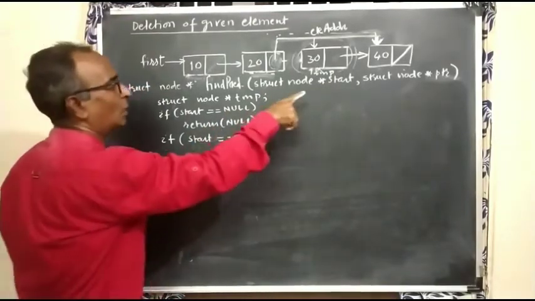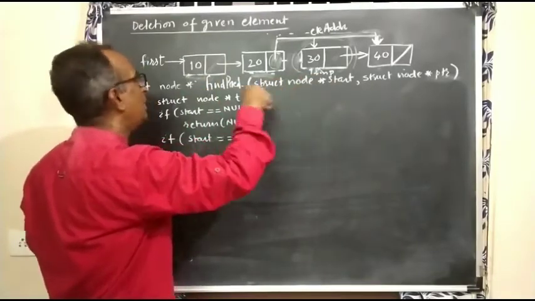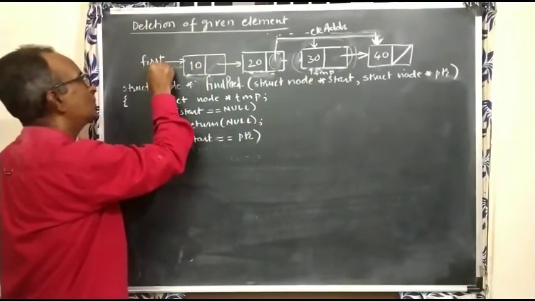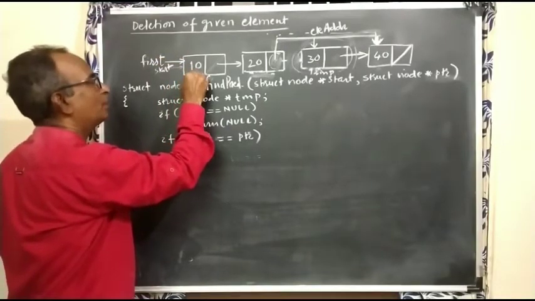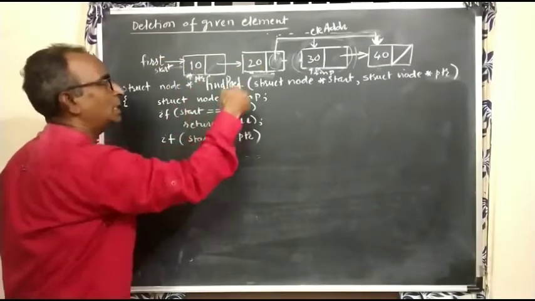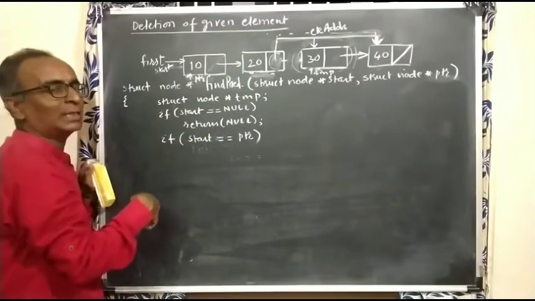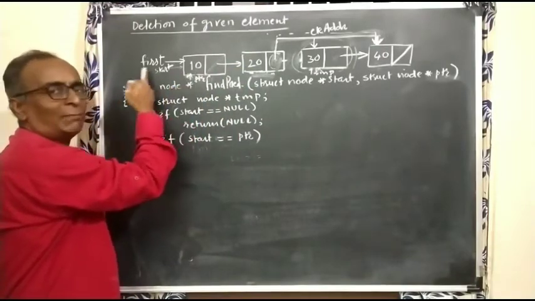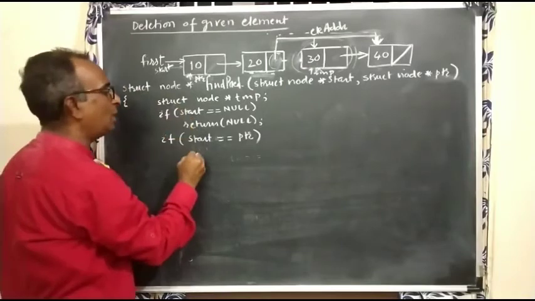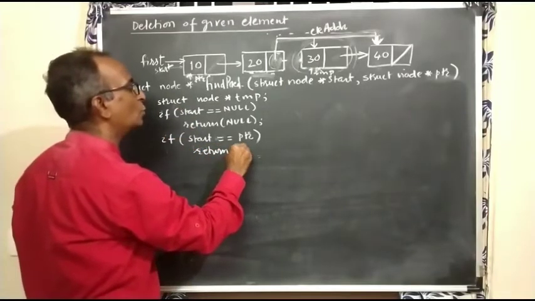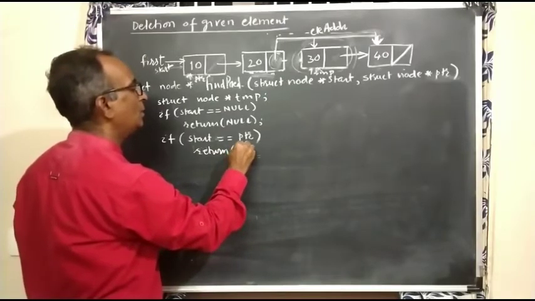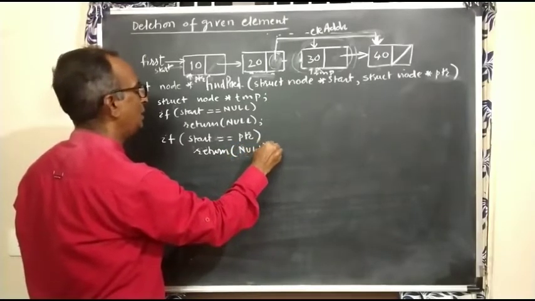Whatever starting node its address is PTR, this is start for the function, and PTR is the first node. The address sent to find predecessor is the first node itself. Do we have a predecessor for this? No. It should return null, because there is no predecessor for the first node. It should return null in that case, right?